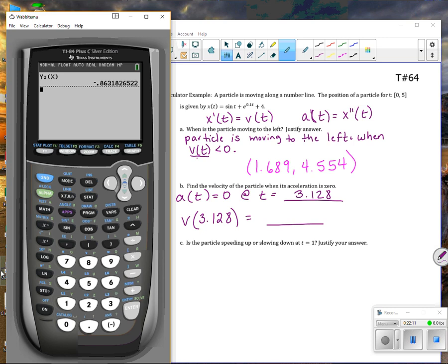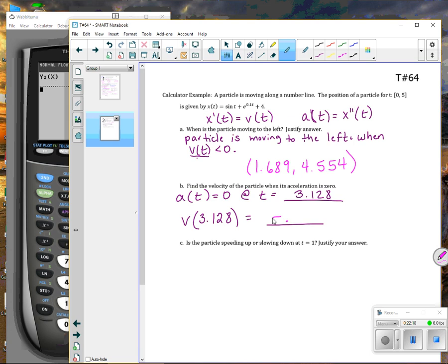I don't have to type in all those numbers, and that is the beauty of becoming kind of calculator savvy in knowing the buttons to push. So I get negative 0.863. So this is my velocity when the acceleration is 0.